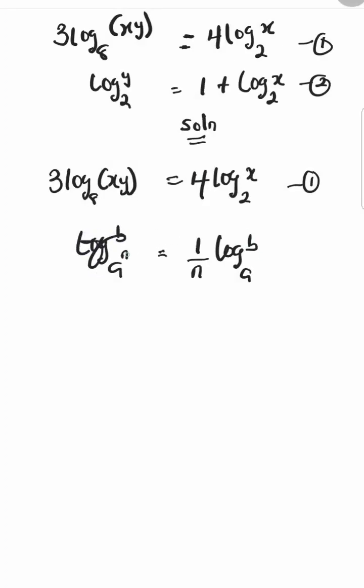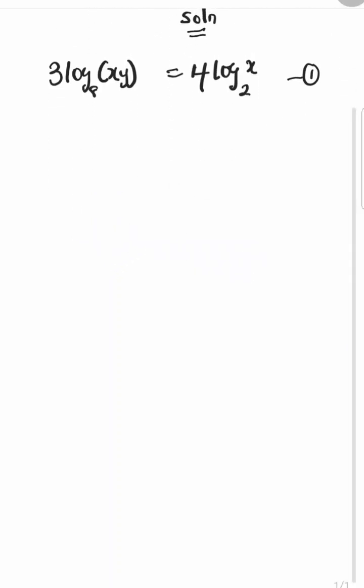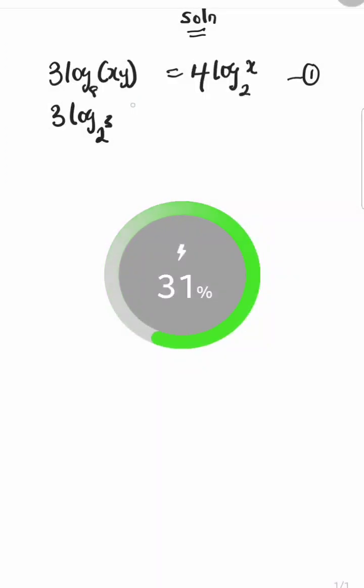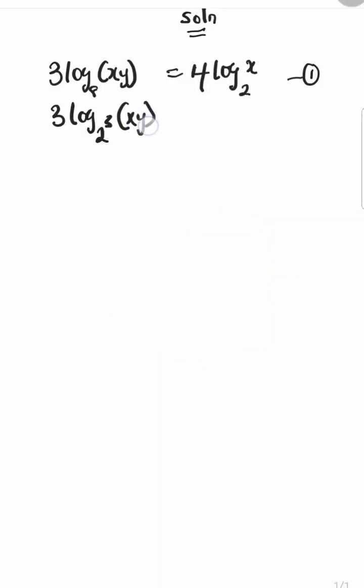Okay, so now we can write this as 3 log, this is 2 to the power of 3, which is equal to 8, of xy equals 4 log base 2 of x.